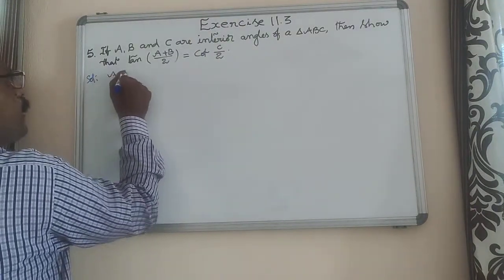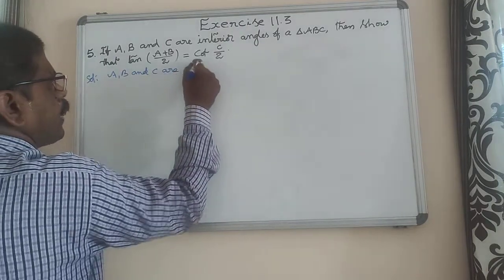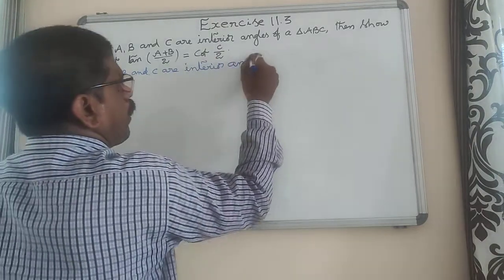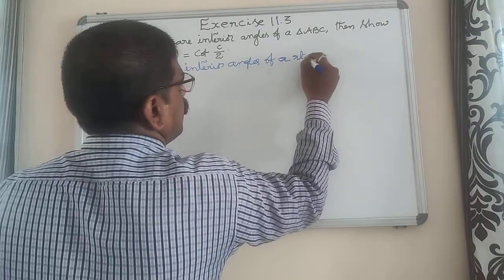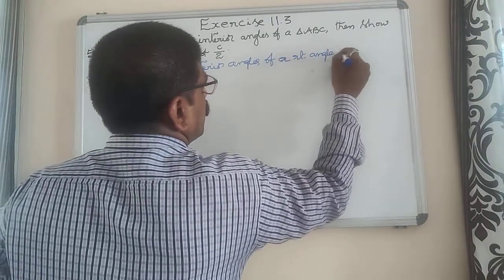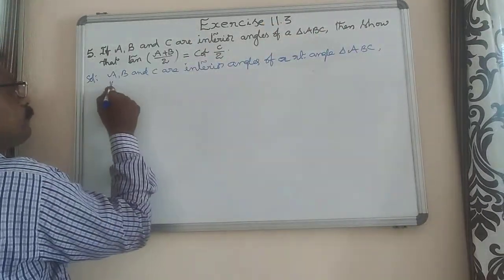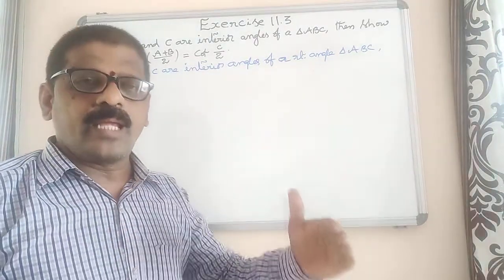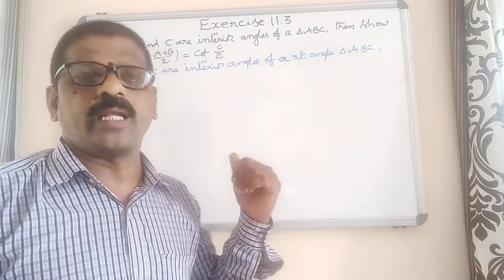A, B and C are interior angles of a right angle triangle ABC. Then by the angle sum property, that means angle A plus angle B plus angle C equals 180 degrees.